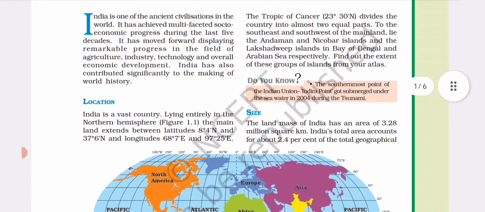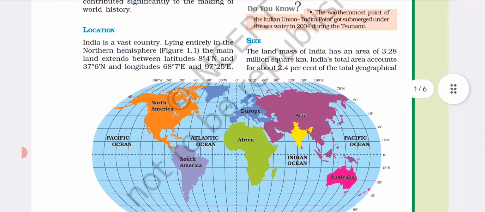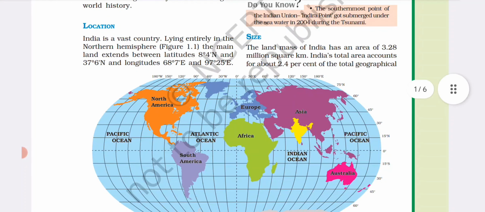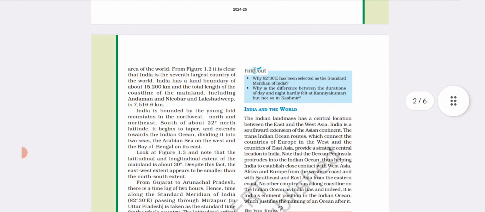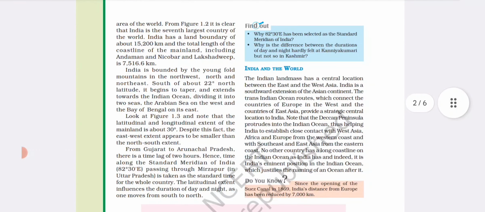Do you know, the southernmost point of the Indian Union, Indira Point, got submerged under the sea water in 2004 during the tsunami? Size: the land mass of India has an area of 3.28 million square kilometer. India's total area accounts for about 2.4% of the total geographical area in the world.